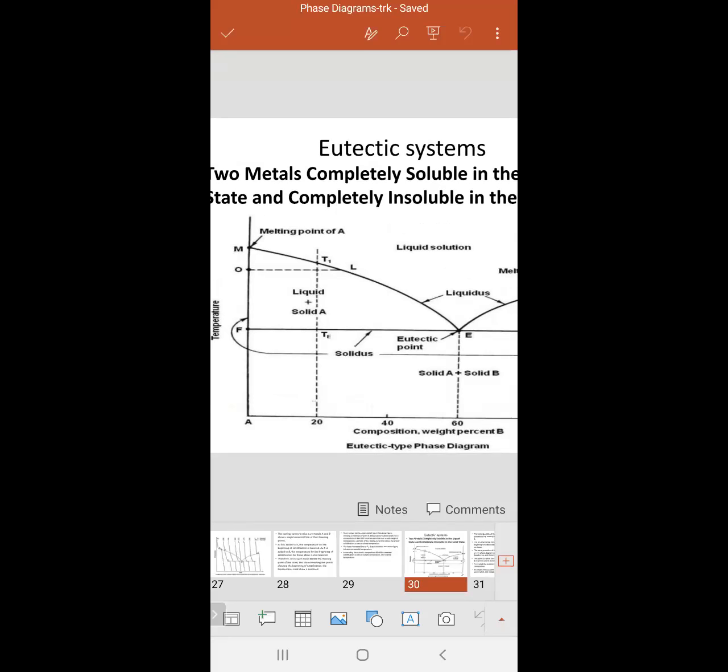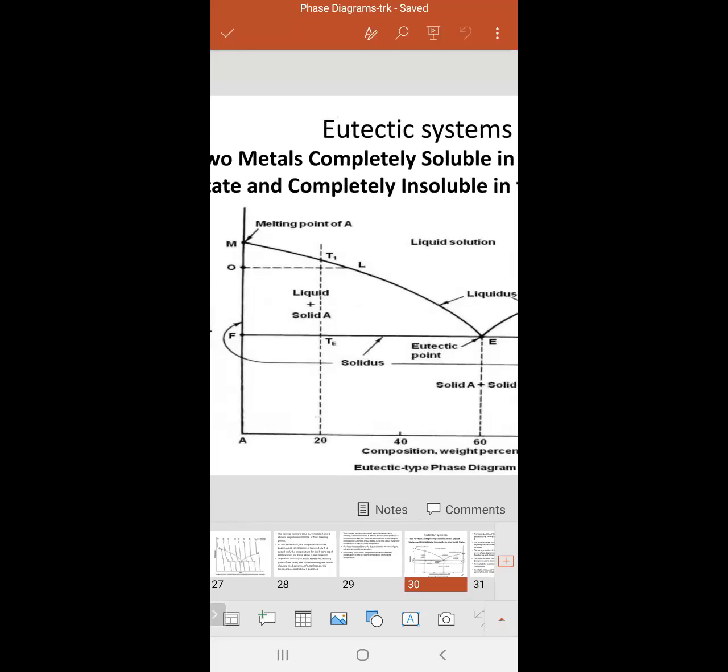Then when you decrease the temperature, what will happen? It forms solid. The solidification starts at T1. Just when it crosses this curve, freezing starts. That is liquid plus solid.